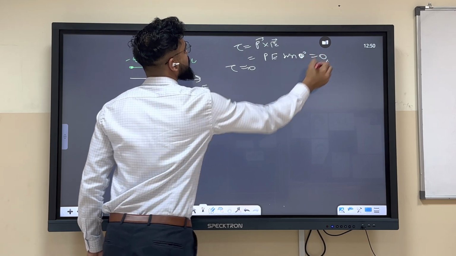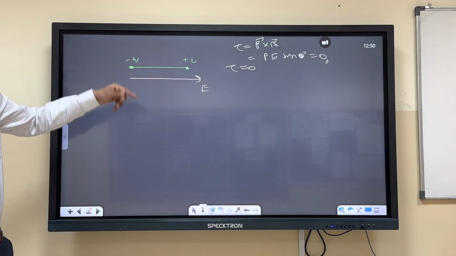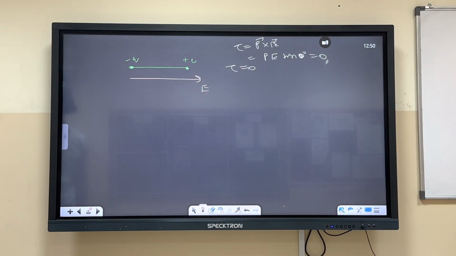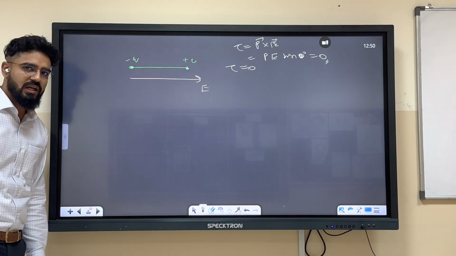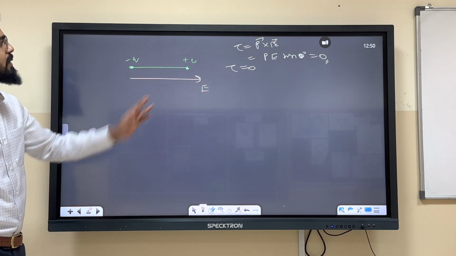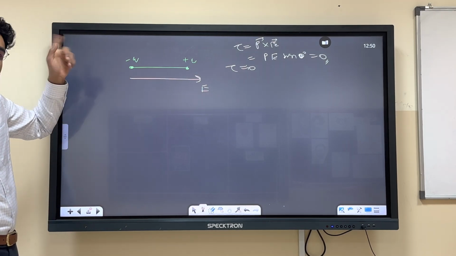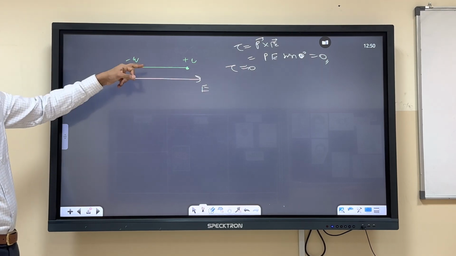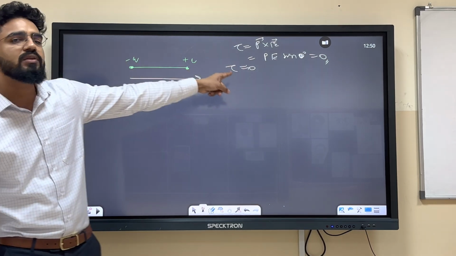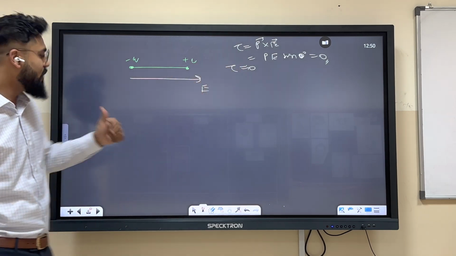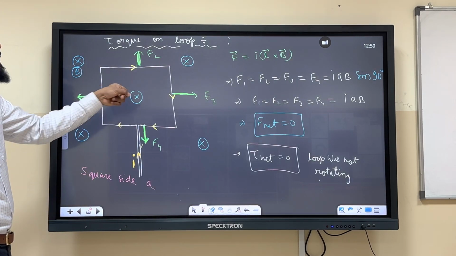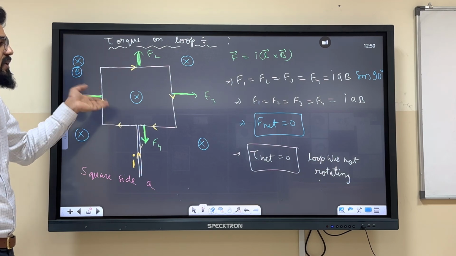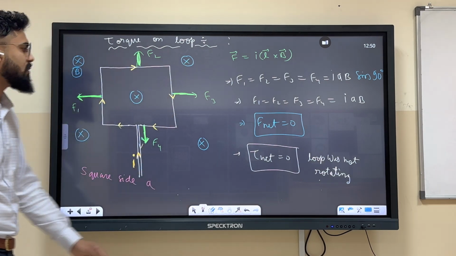So that's why it is 0. When the angle between P and E is 0 degree, torque will be 0. Same thing over there: the angle between electric field and dipole moment was 0, that's why torque was 0. Over here too, can we say if the angle between magnetic moment and magnetic field is 0, that's why torque is 0. Anyways, we will calculate it.